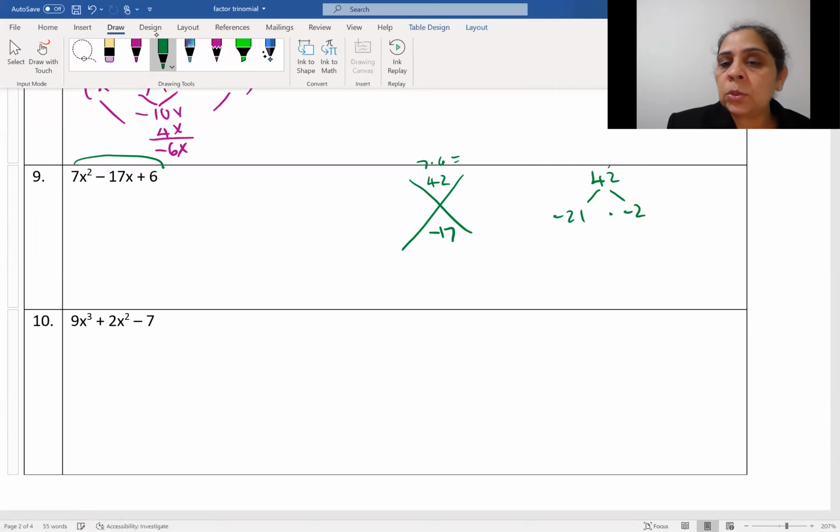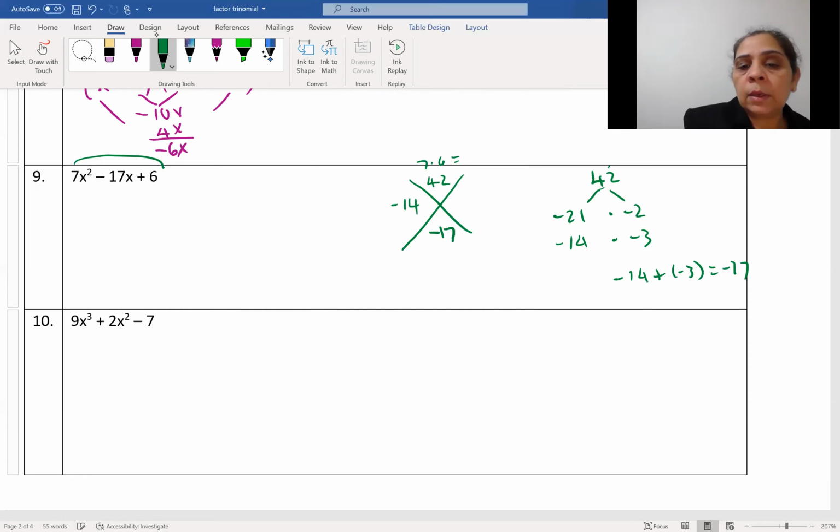Let's say 4 plus 2 is 6. 6 is divisible by 3, so I can divide by 3 here. If you divide by 3, what do you get? 14. 14 times negative 3 is positive 42. And negative 14 plus negative 3 is negative 17. So that will make negative 14 and negative 3.